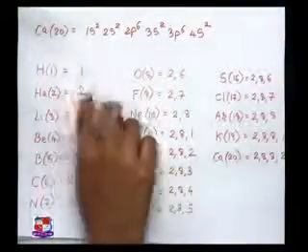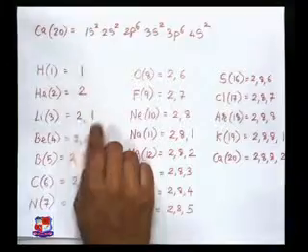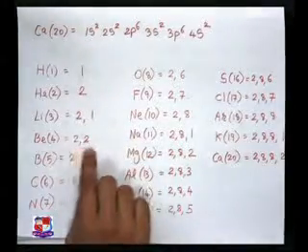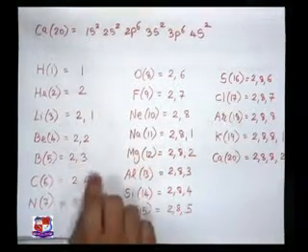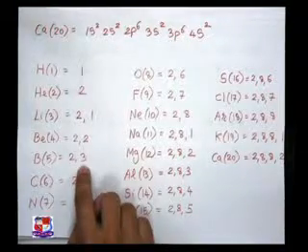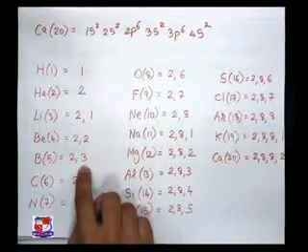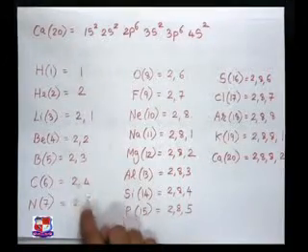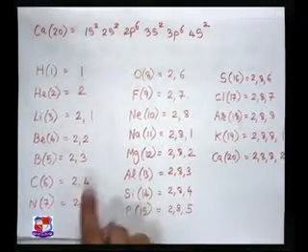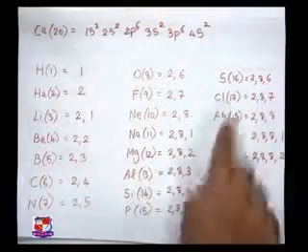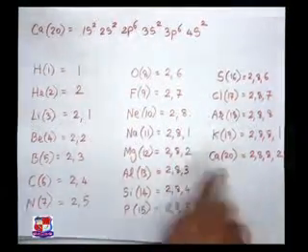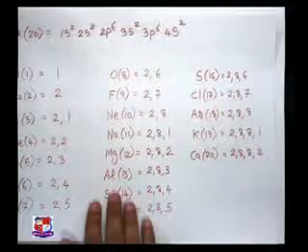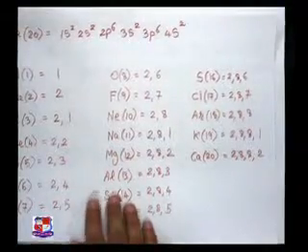Hydrogen 1, helium 2, lithium 2, 1, beryllium 2, 2, boron 2, 3, and you can fill up to 8. After that you have to use the next shell. Carbon is 2, 4, nitrogen 2, 5, and so on. The configurations can be taken up to calcium, which has the configuration 2, 8, 8, 2.